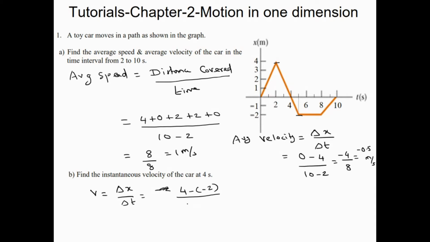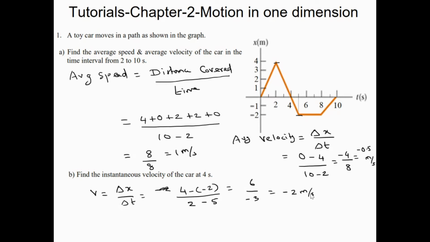So 2 minus 5. So the answer here is 4 minus minus 2, which is 6, divided by 2 minus 5, which is minus 3. When you divide 6 by 3, you will get minus 2 meter per second. So this is the answer for the second part.